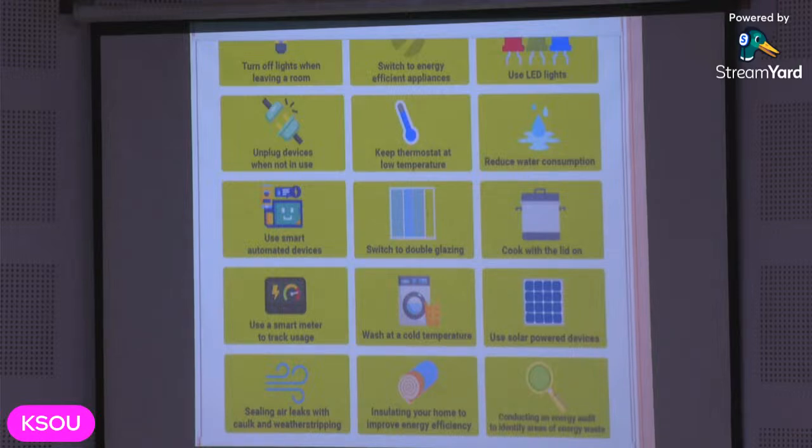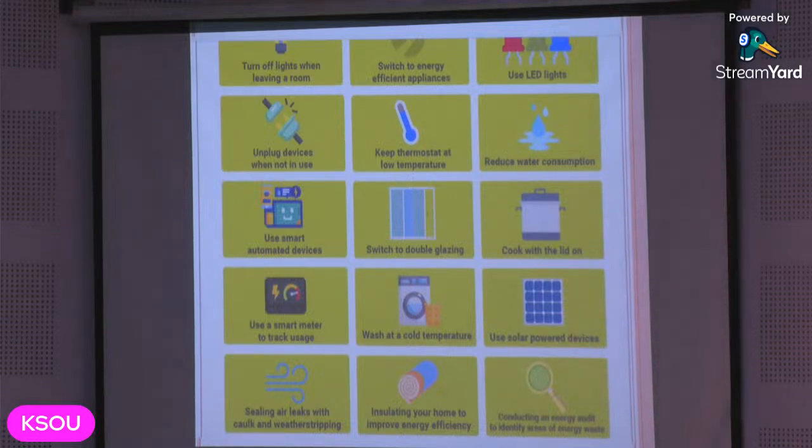Sealing the air leakages. Insulating your home to improve energy efficiency. Conducting an energy audit to identify areas of energy waste. This is also one of the requirements. At least proactively we can do that. Maybe after this class, just to improve our knowledge, you can do it. There are simple checklists available.